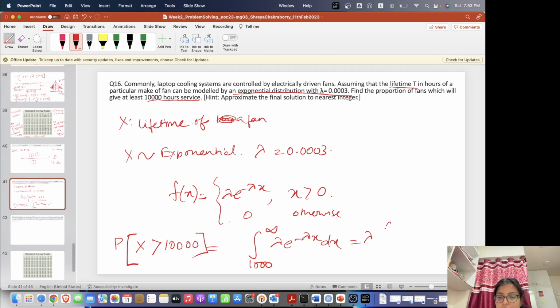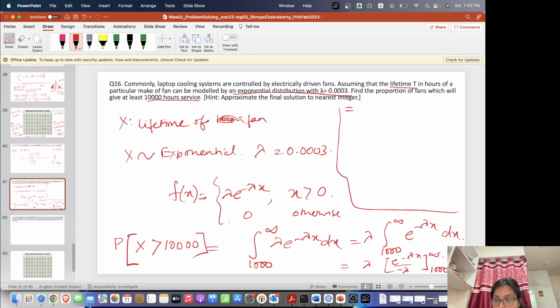So I'll take lambda out. It will be lambda e to the power minus lambda x by minus lambda, from 10,000 to infinity. The lambdas will cancel, leaving e to the power minus lambda x from 10,000 to infinity.